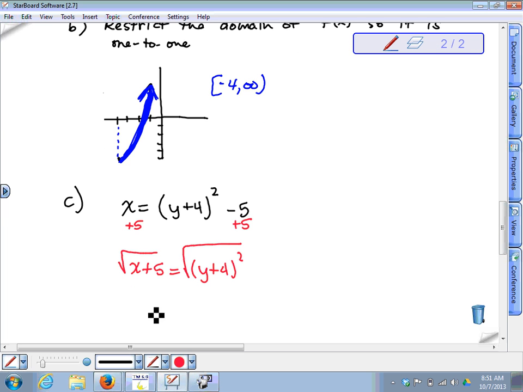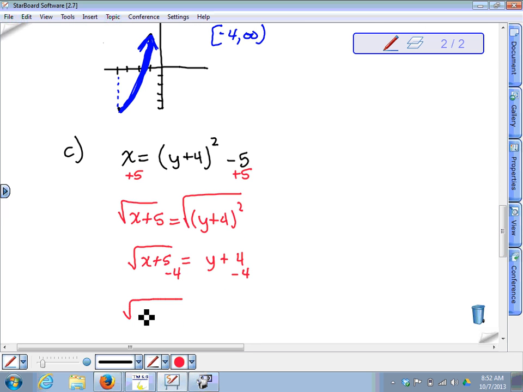Now we square root both sides. So the square root of x plus 5, and we subtract 4, so we have square root of x plus 5 minus 4 on the outside of the square root, and that's equal to f inverse of x.